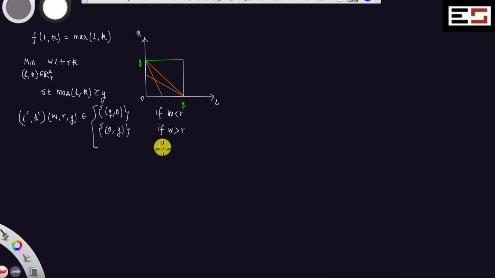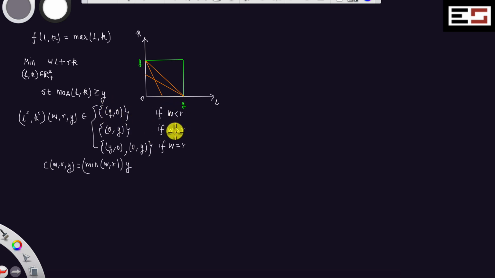And if W is equal to R, then you're going to employ either y units of labor, 0 units of capital, or 0 units of labor, y units of capital. So this is the solution to the long run cost minimization problem, and the associated cost function is C(W,R,y), which is min{W,R} times y, because when W is less than R, you'll employ y units of labor, so the cost will be Wy.